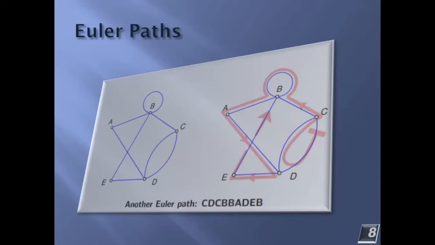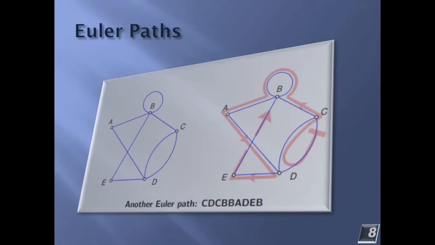Okay, this is the same example which I described in the previous slide, but in this example we start our tour from the vertex C. In the previous example, we started our tour from the vertex B. The traversal goes as follows.